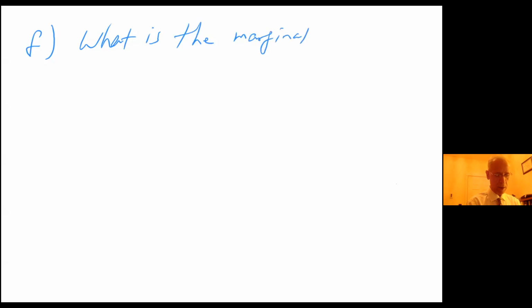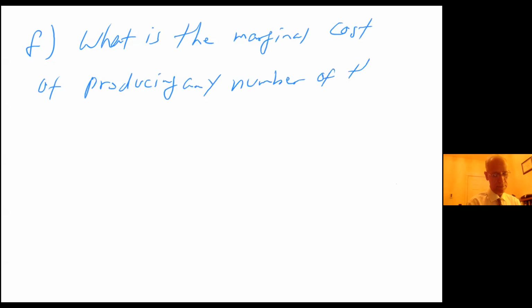So let's say that last part, part F, what is the marginal cost of producing any number of this item? Well, it's $0.99, which is 99 cents.